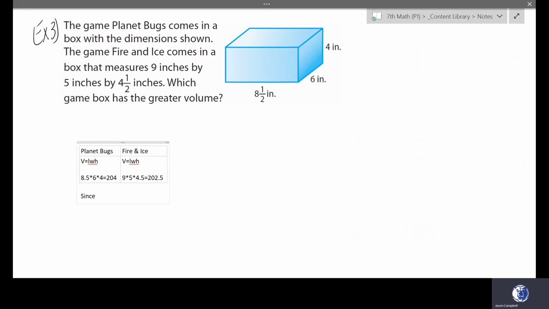Since 204 cubic inches is greater than 202.5 cubic inches, the Planet Bugs game box has a greater volume.